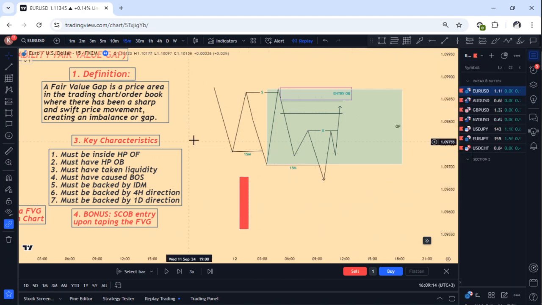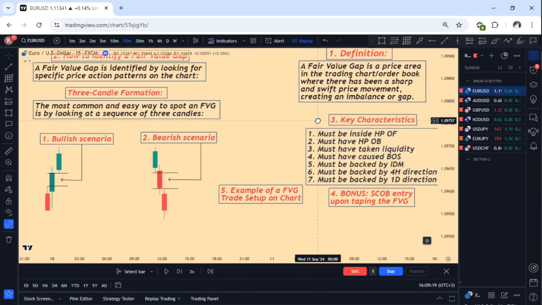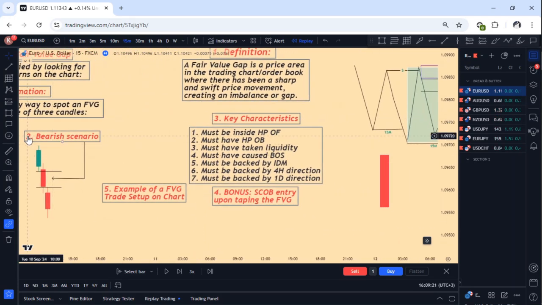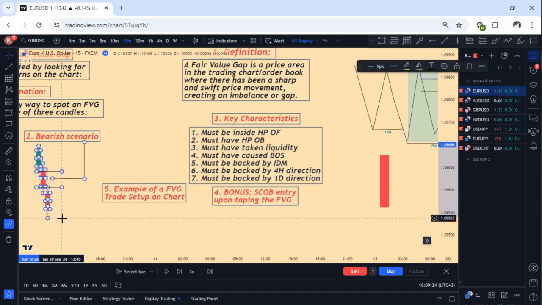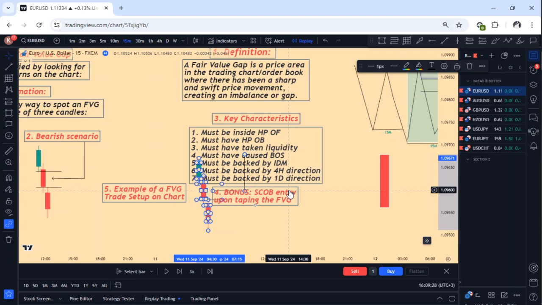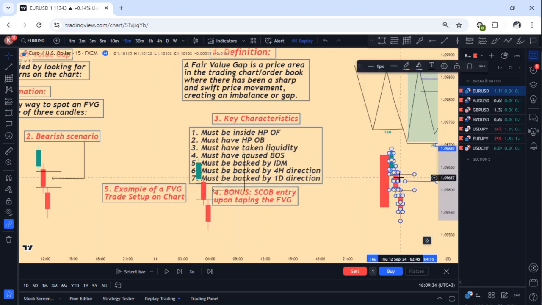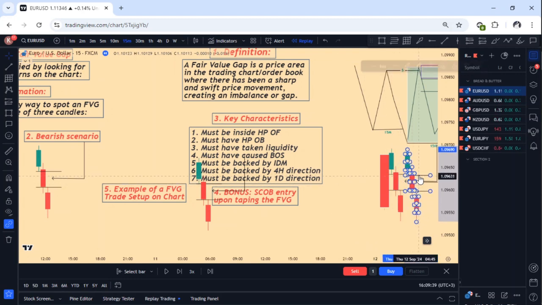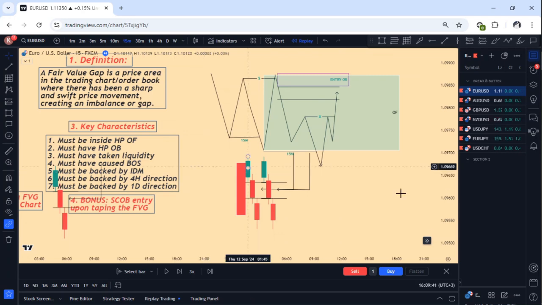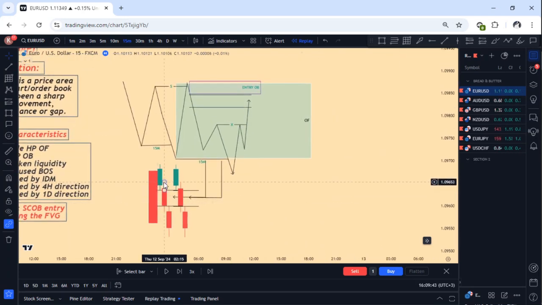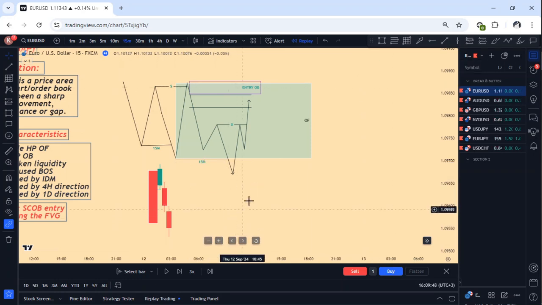Now if you go to 4 hours, you should be able to see something closer to this. So if you go to 4 hours, you will be able to see something like this.